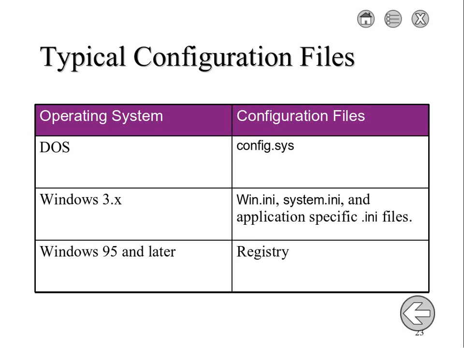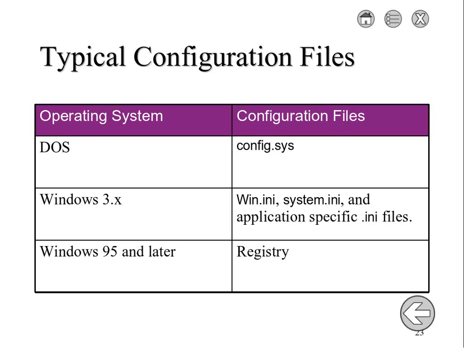The disk operating system had a special text file called config.sys. Config.sys is still in Windows. If you look in Windows, you can still find it, but it's just there for backward compatibility, so old programs can still use it if need be.